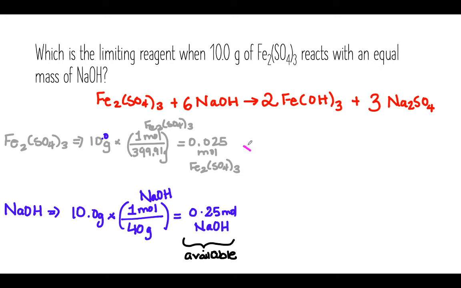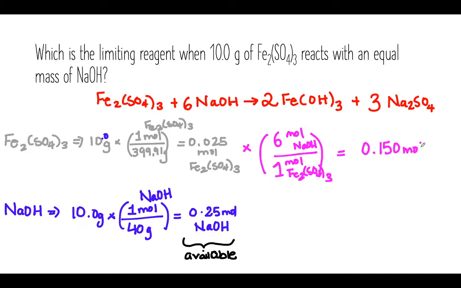So I will have to convert from the moles of Fe2SO4 to the moles of NaOH. Looking at my coefficients, for every 1 mole of Fe2SO4, there are 6 moles of NaOH. Now doing this, I would find that there are 0.150 moles of NaOH that would be used if this reaction were to take place.